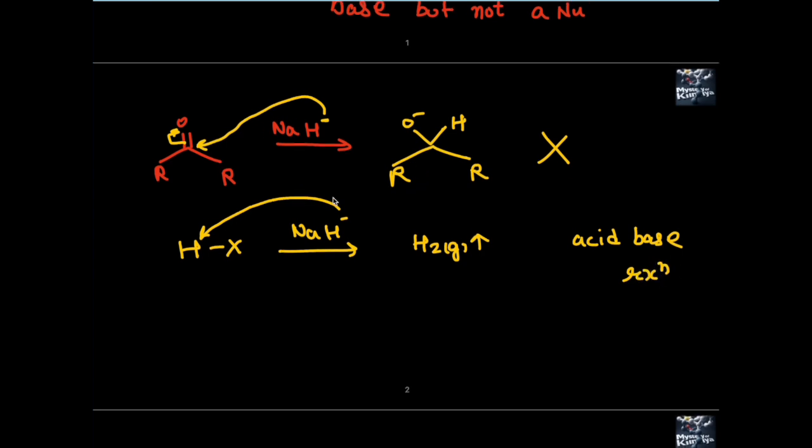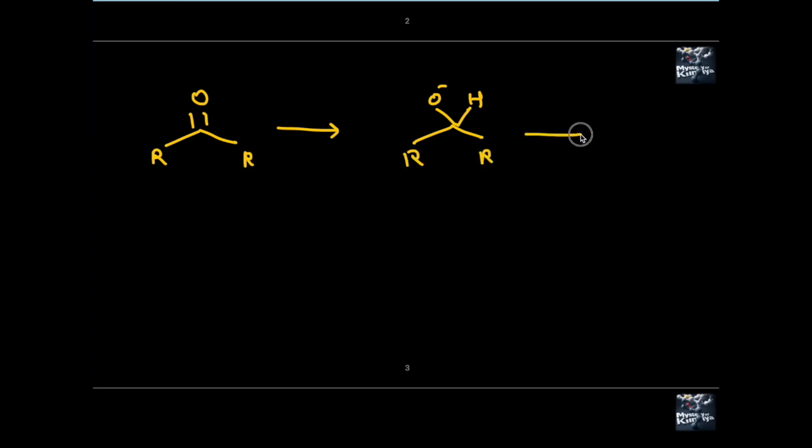But suppose we could convert this carbonyl compound to an alkoxide. This reaction would be very beneficial for us, because after forming this alkoxide we can protonate it easily and have an alcohol.